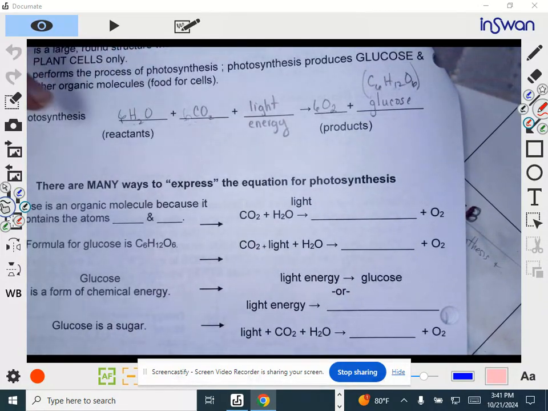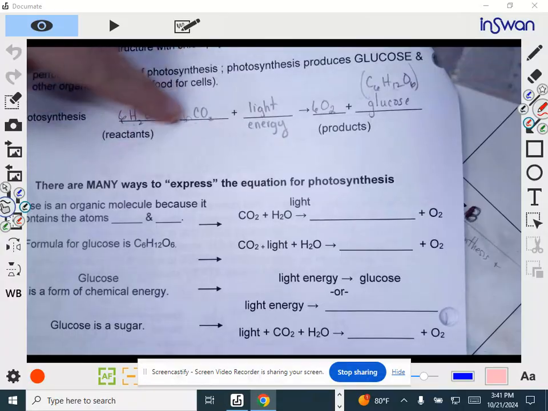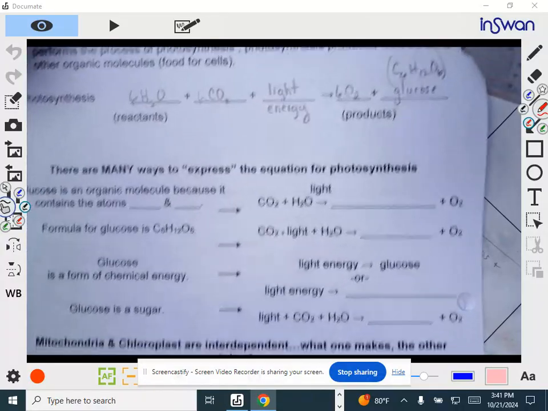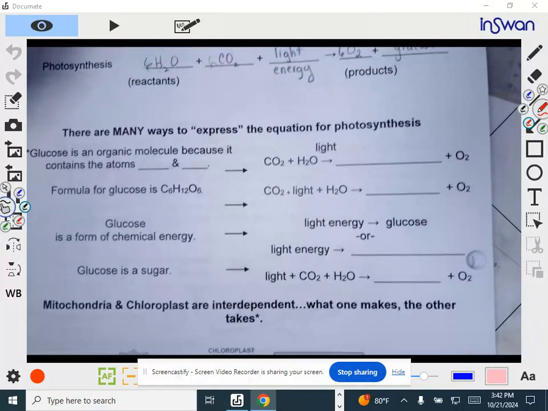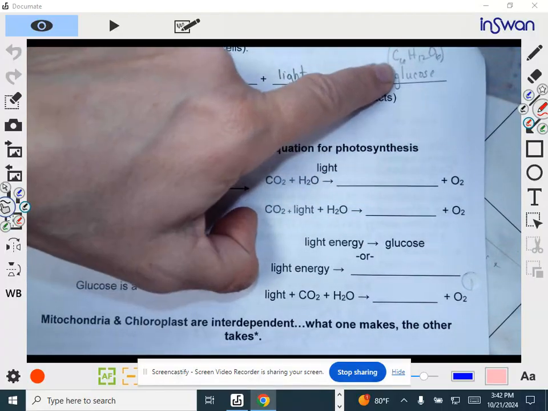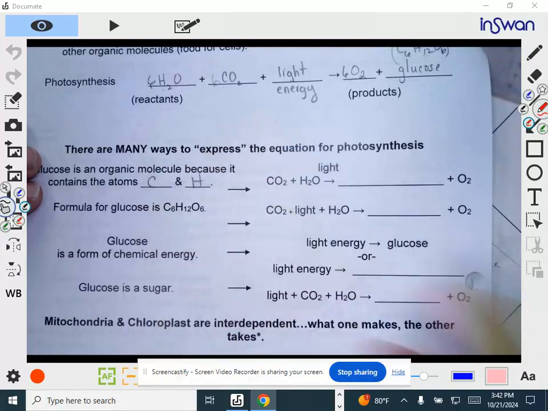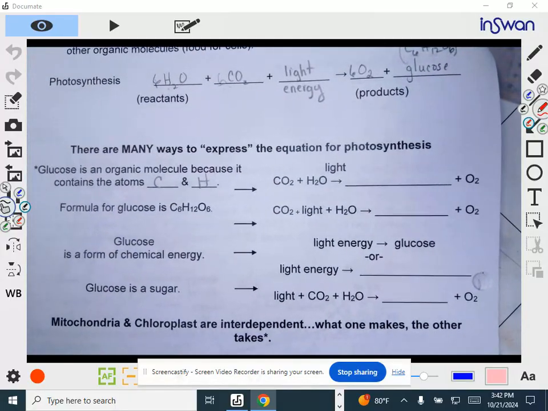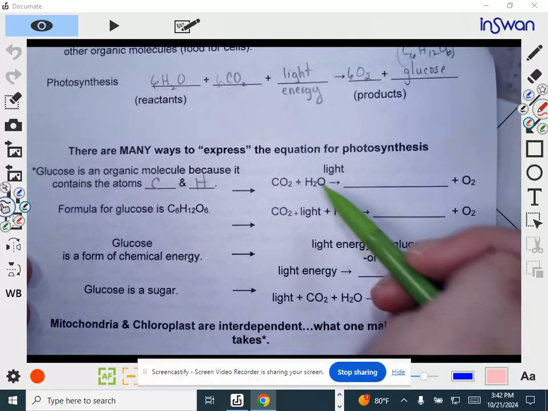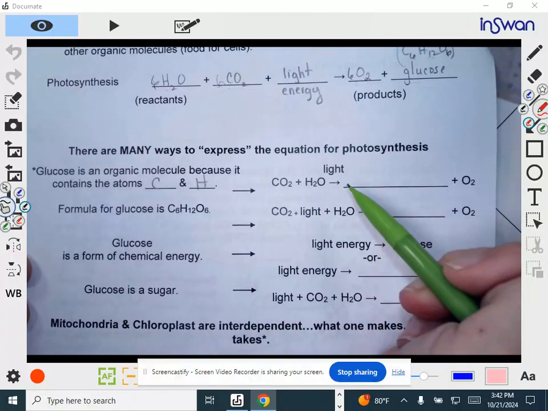So there's many ways to say this, to turn it into words or turn it into statements. Now, a couple things you have to remember is that glucose is an organic molecule because it has carbon and hydrogen atoms in it. So it is still photosynthesis if I say plants are going to take CO2, they're going to take water.